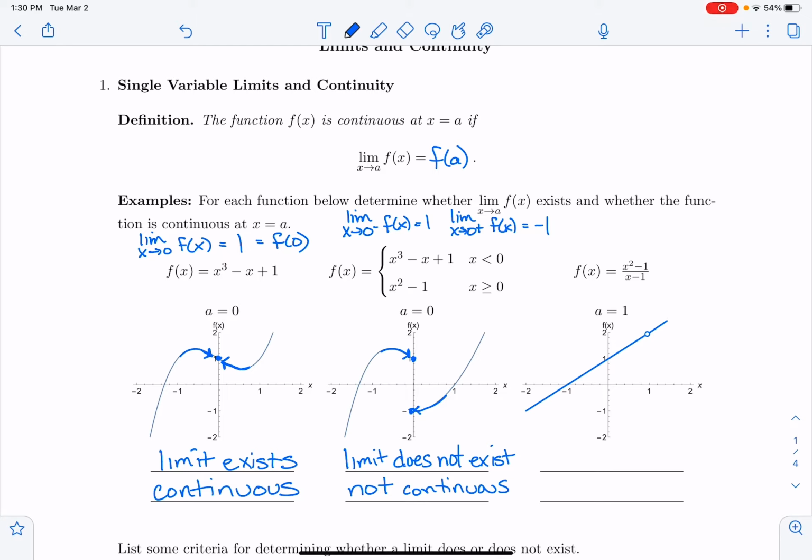Finally, let's look at the function f of x equals x squared minus 1 over x minus 1. Now, if I approach this limit from the left or the right, approaching the limit as x goes to 1, then you'll notice that the limit indeed does exist.